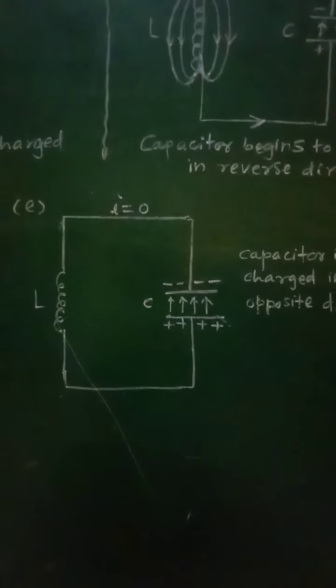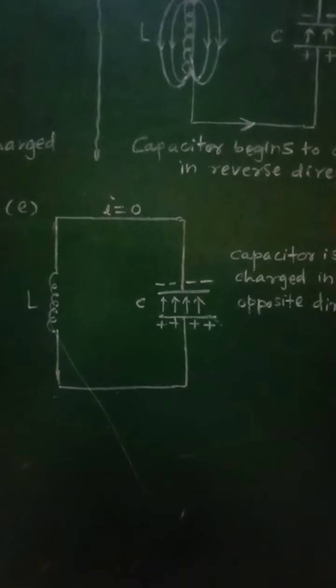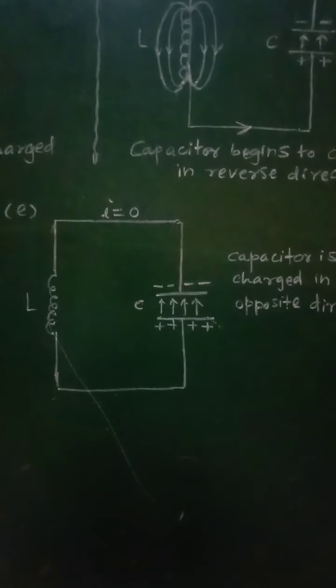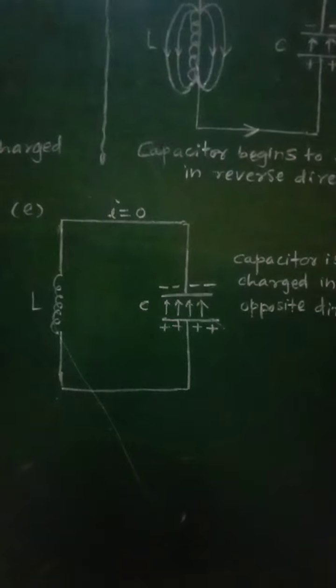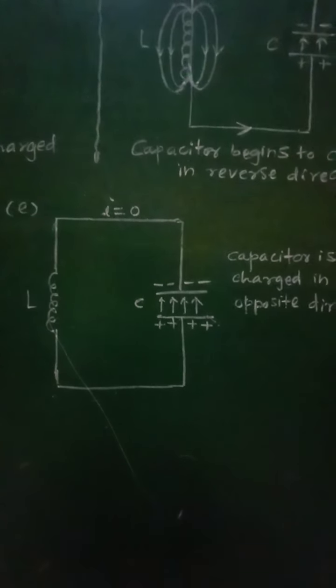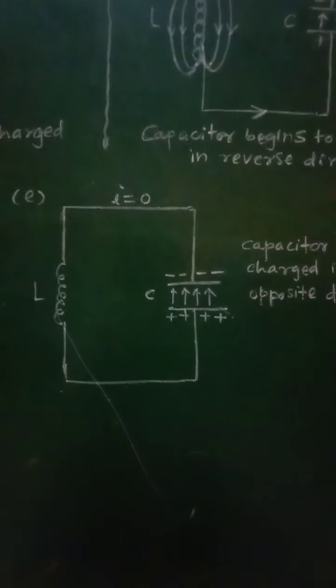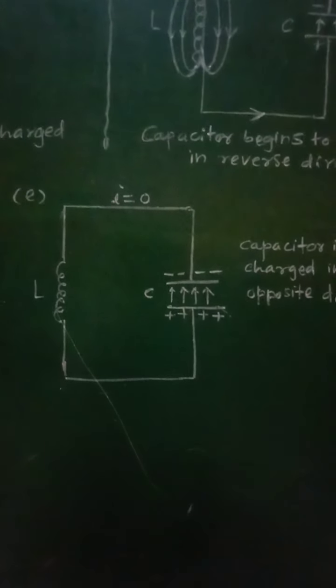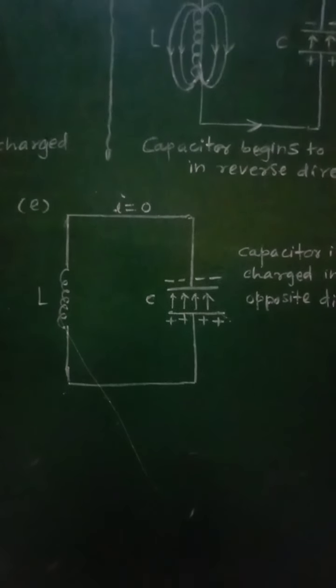The second reason is that even if the resistance of the inductor is zero, the total energy of the system will not remain constant. It is radiated away in the form of electromagnetic waves.